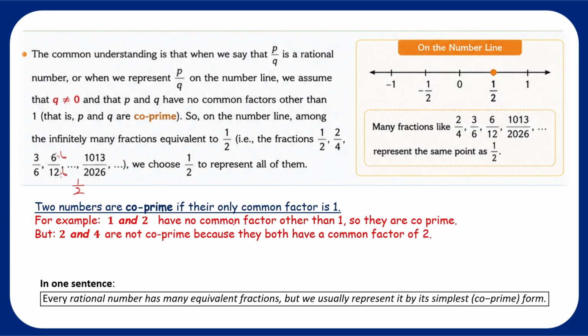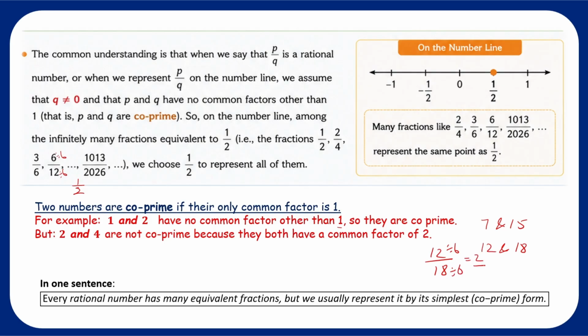Example, 1 and 2 have no common factors other than 1, so they are co-prime. 2 and 4 are not co-prime because they both have the common factor as 2. Say, for instance, if you have the numbers 7 and 15, these are co-prime because there is no other common factor other than 1 which would divide both of these numbers. While the numbers 12 and 18, these are not co-prime because there exists a common factor which would divide both of these numbers other than 1, and which is 6 in this case, the greatest common factor.